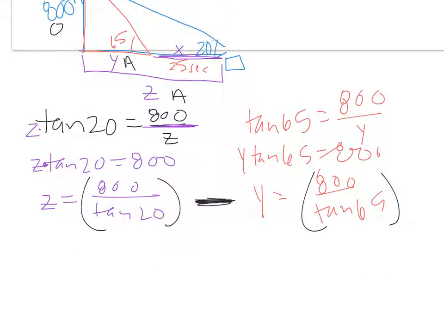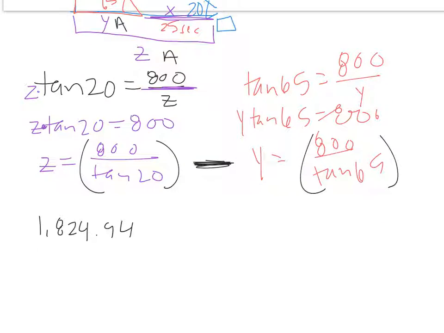So once I subtract them, my first answer would be 1,824.94 feet. It was also asking, how fast did you drive? Well, I have my one answer, that's how many feet I drove. I'm asking for feet per second, and you drove 25 seconds.